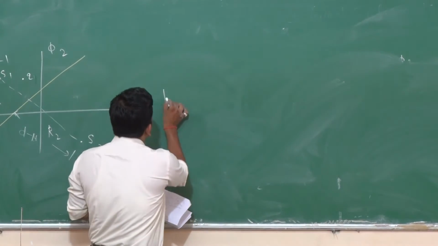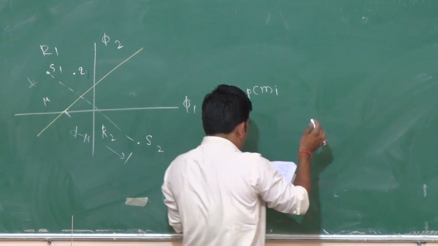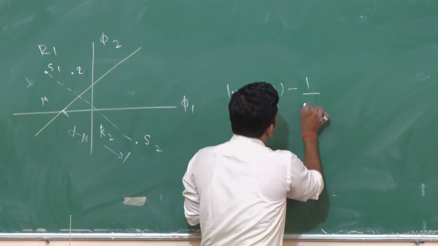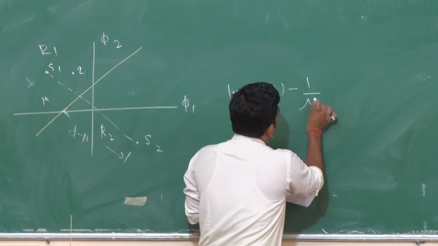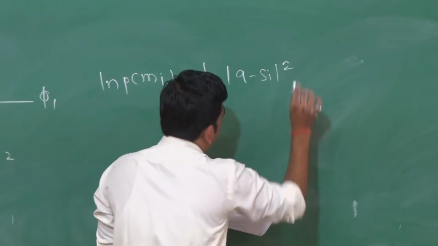so for this decision, the natural log of probability of Mi, minus 1 by N, |q minus Si| square.